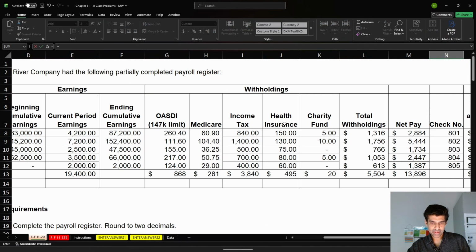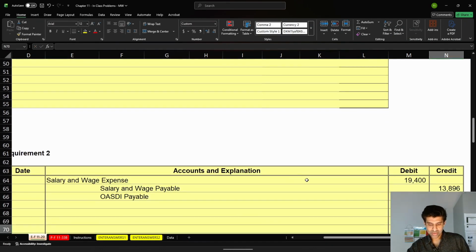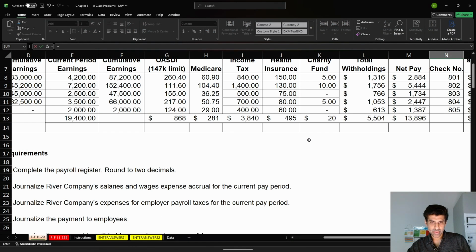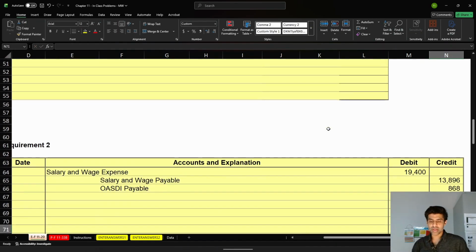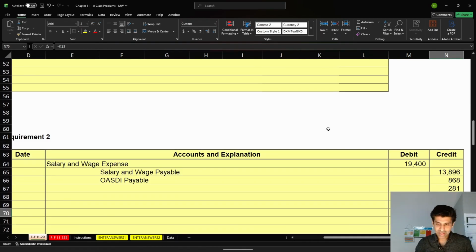I'm going to have to pay Kaiser or Blue Shield or whoever. And I'm going to have to pay whatever charities my employee wanted to contribute to. So again, this is all money that is due to my employee, either directly, which is this, or indirectly because I'm paying all this stuff on behalf of my employees.